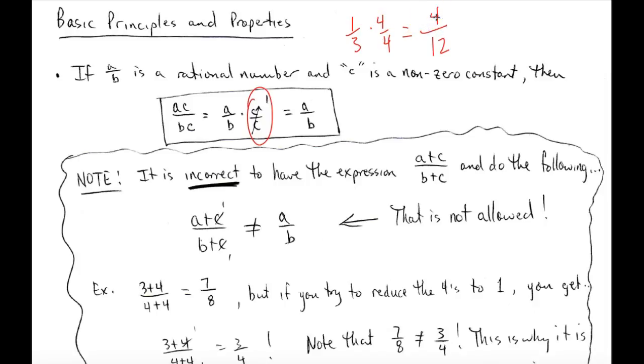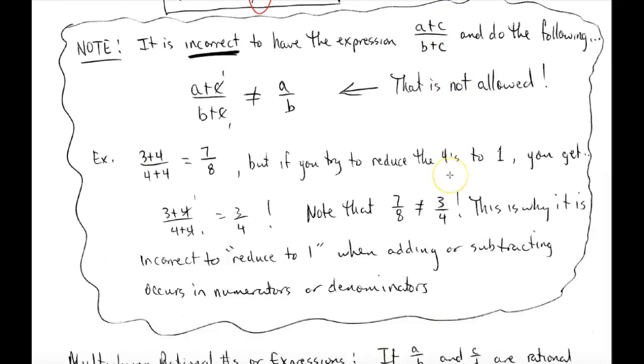Okay, we're going to do that, but do it on a higher level where we're talking about expressions that have letters and numbers here. The point that I want to make is that a lot of people make this mistake when they're first learning how to deal with rational expressions. And so the mistake is to think that when you have a property like this, that since you see those c's in the second term of both the numerator and denominator, you can just quote unquote cancel them out.